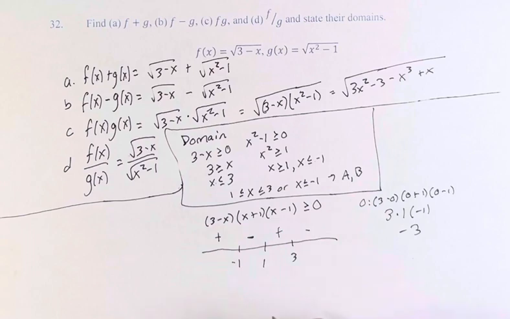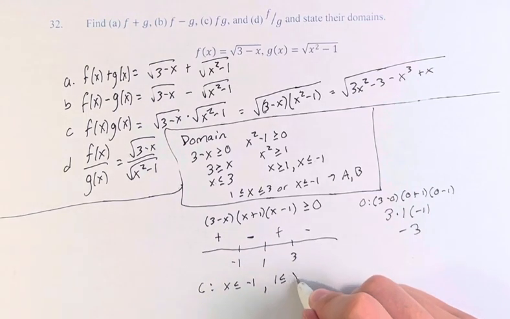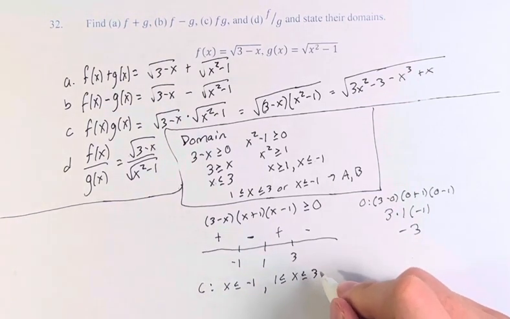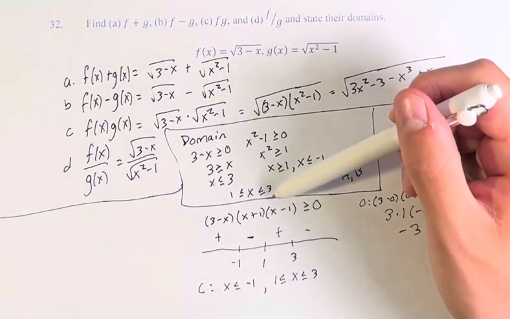So therefore, for c, x can be less than or equal to negative 1, or 1 is less than or equal to x is less than or equal to 3. And you notice that this is the exact same as a and b.